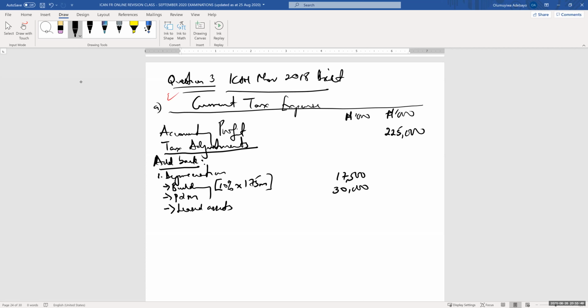There are 2 ways you could do it. You could attempt solving it by saying 200 million is the amount available for the remaining 4 years. We simply put that the depreciation per year is 50 million, which means 50 million times 5 years will give you 250 million as the value of the leased assets at the inception.